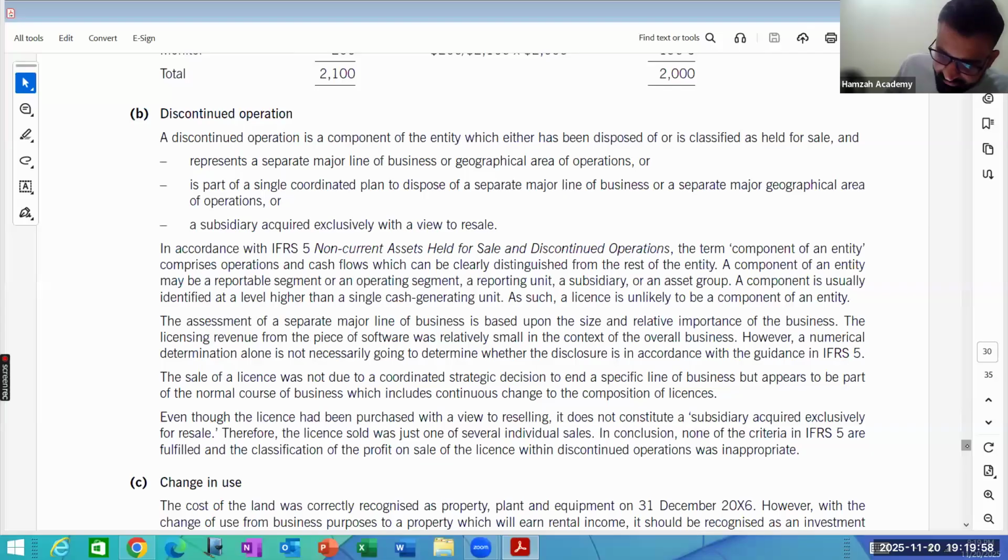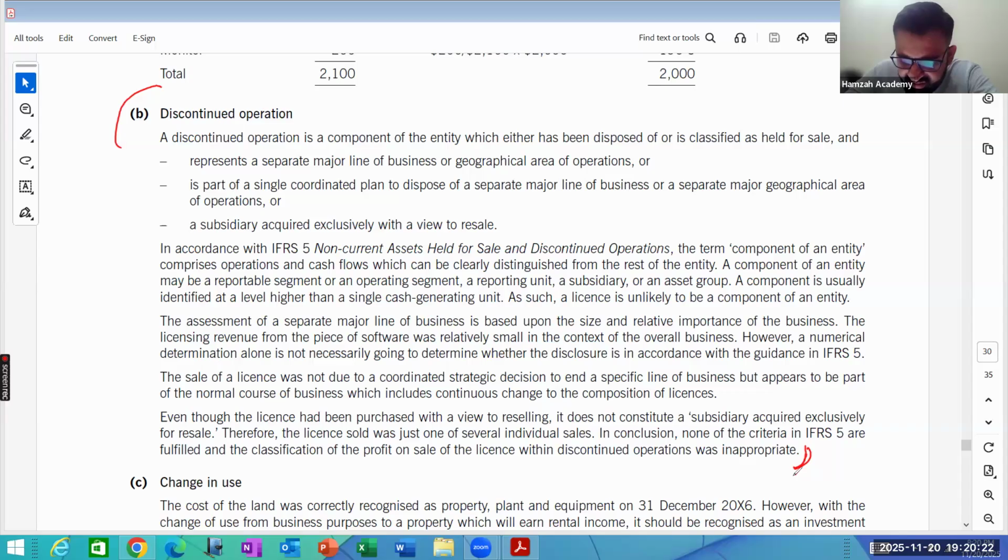Look here, and this is the answer. A discontinued operation is a component of the entity which either has been disposed of or is classified as held for sale.